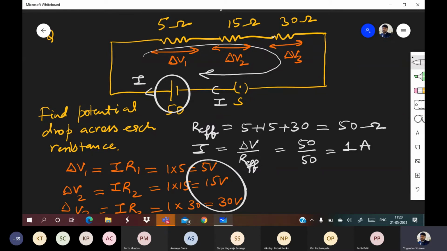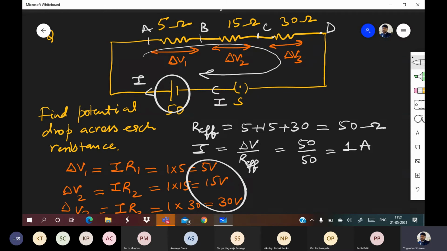So what you can see is that the potential drop across this is actually minus 5, because when you are going from, let's say, point A to B, potential is decreasing by 5. From B to C, potential is further decreasing by 15. From C to D, potential is further decreasing by 30.